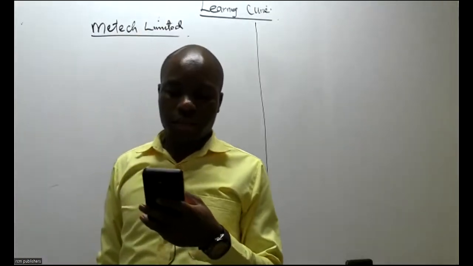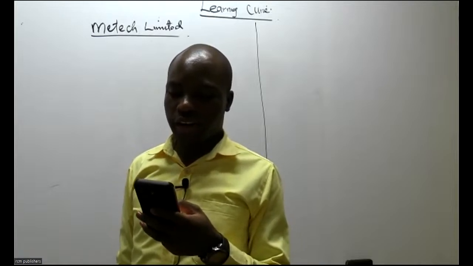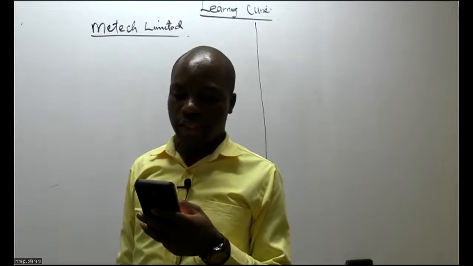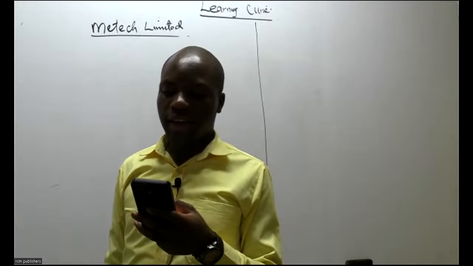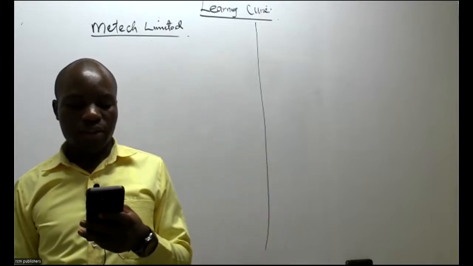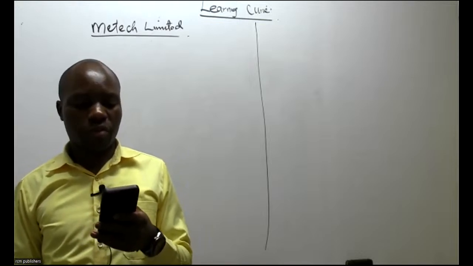We are being told that Metec Limited is in the process of developing a new product branded Valida. During its expected life cycle, it is estimated that 16,000 units of Valida will be sold at a price of shillings 250 per unit. Additional information.